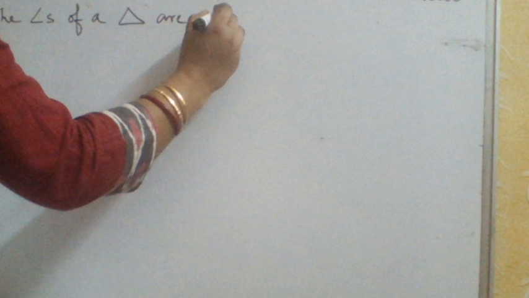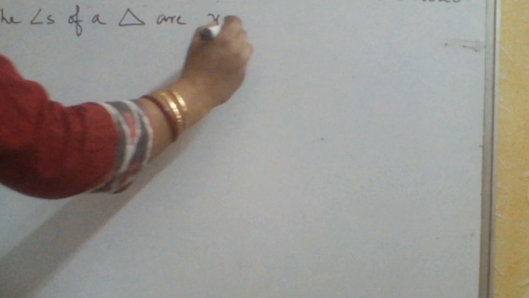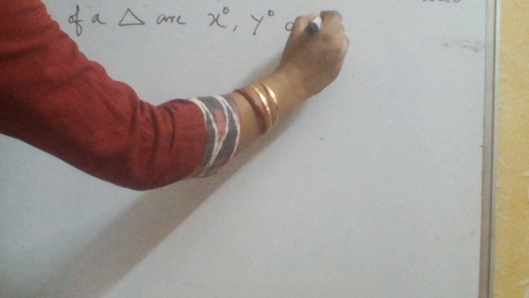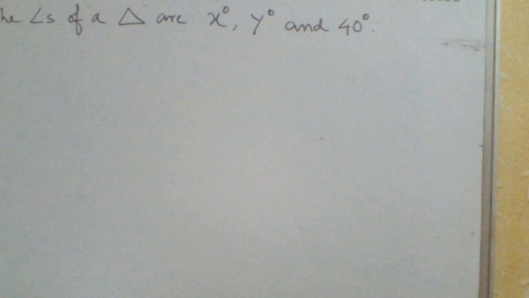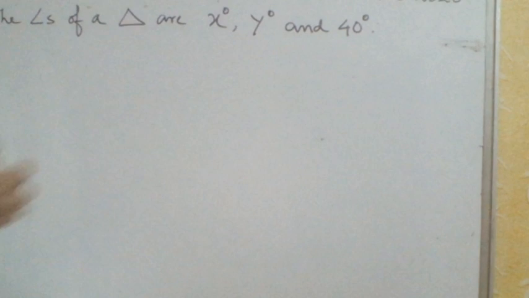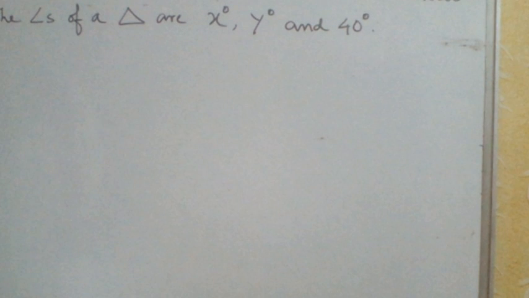Question number 2, word problem. The angles of a triangle are x degree, y degree, and the third one is 40 degree. In a triangle, three angles, one is x degree, another one is y degree, and one more is 40 degree.